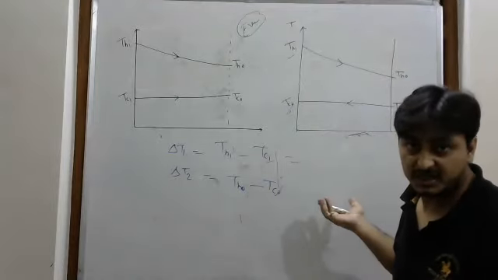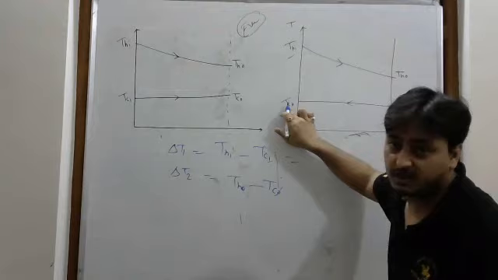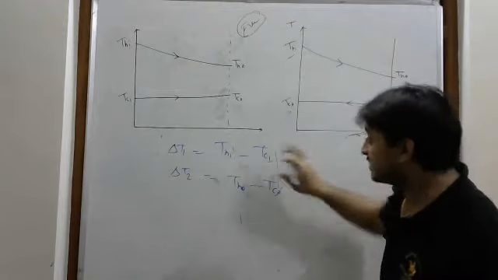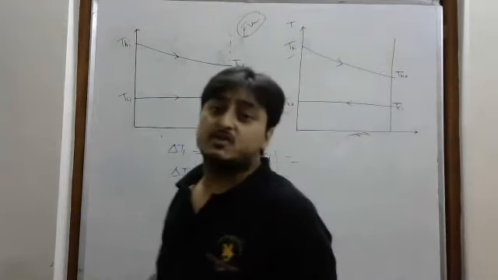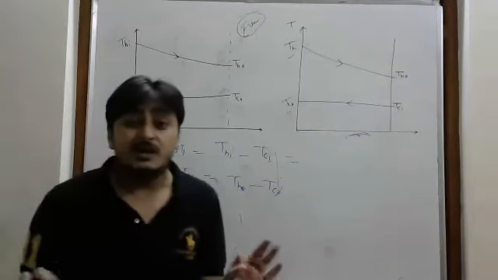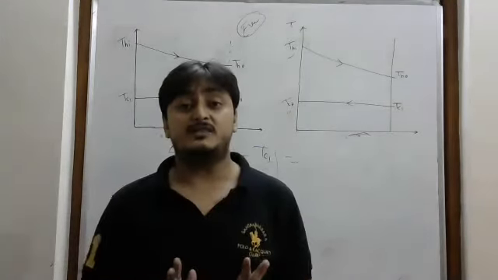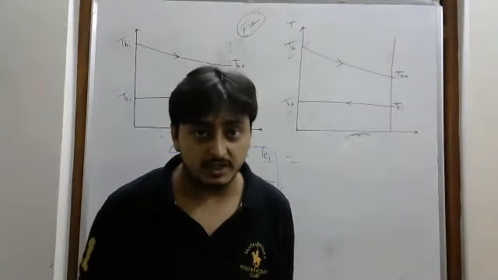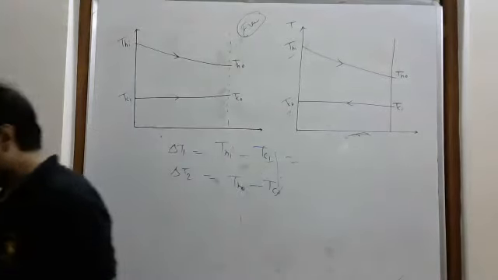Just interchange them. Is there any difference? If this is 30, this is also 30, or whatever the value. There is no difference. So in the case of a phase change heat exchanger, it is immaterial for us whether it is a parallel flow or counter flow heat exchanger. Are you getting clear? Right then.